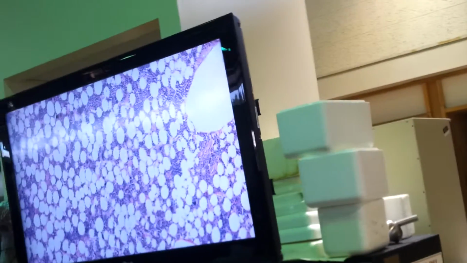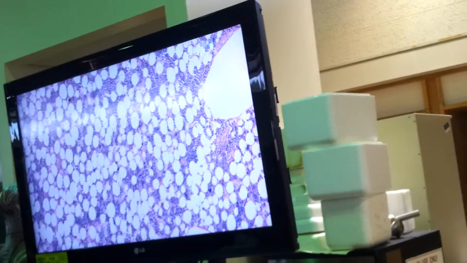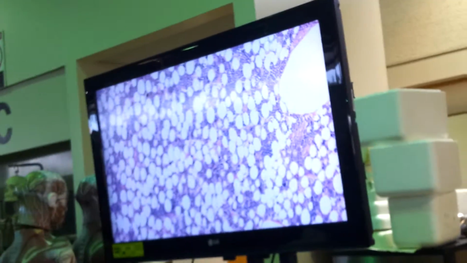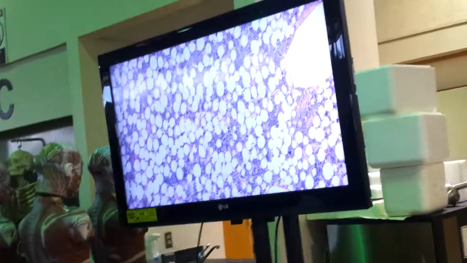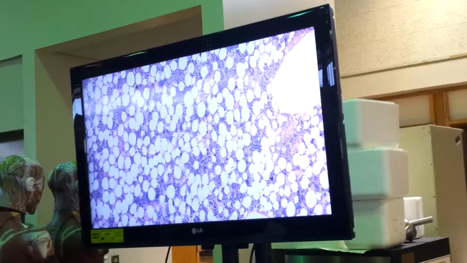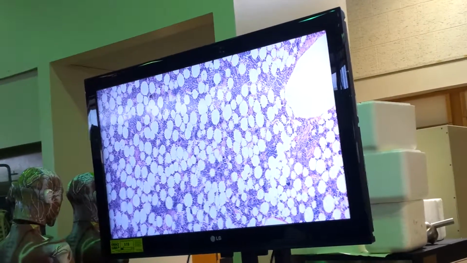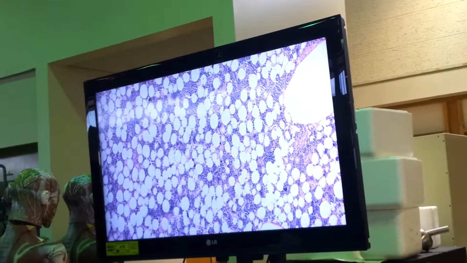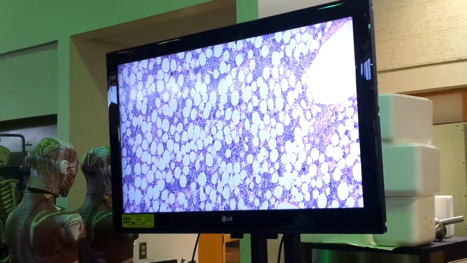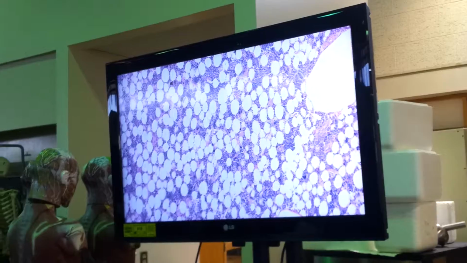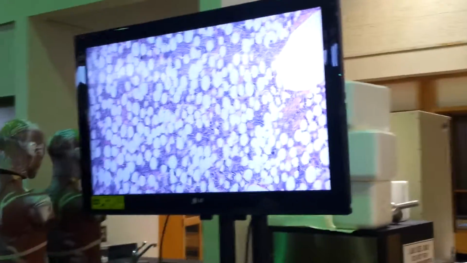The name is, you should know, mega means big, right? Karyocyte. Karyo means nucleus, big nucleus. Megakaryocyte. What they do, they make platelets, blood platelets.